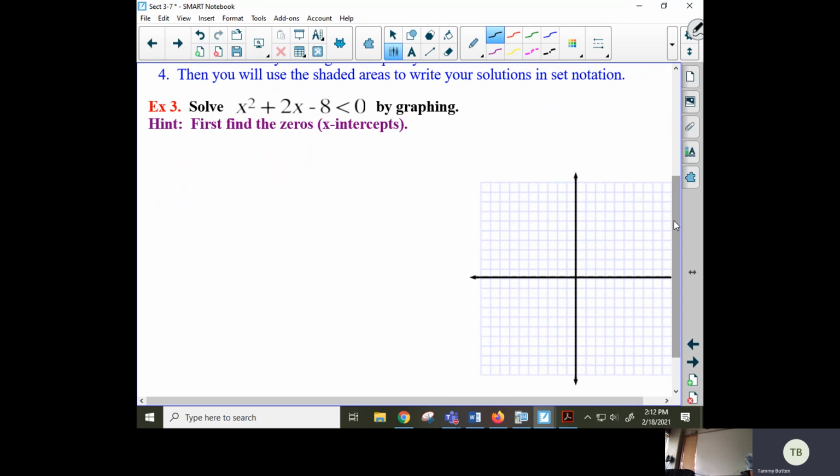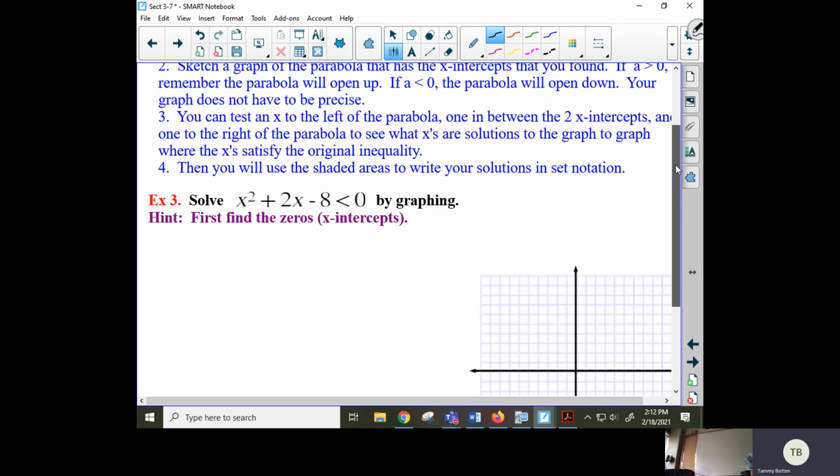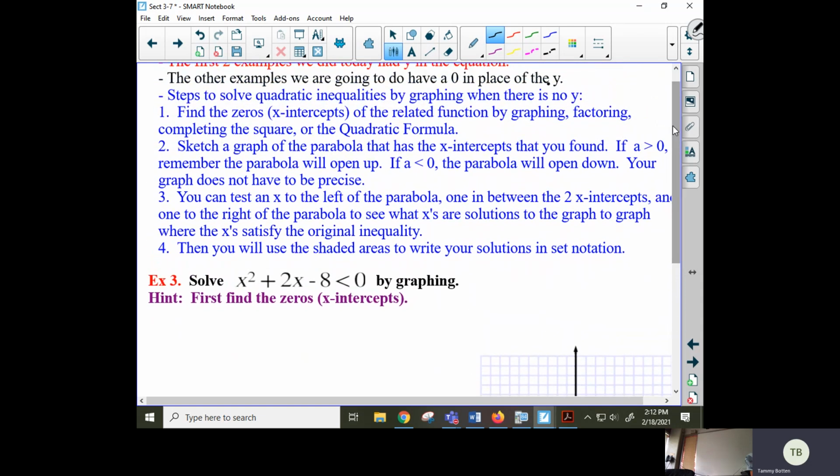So how we get started is there's a couple of ways you can do this. If we went back to the rules, you have to find those zeros, which are the x-intercepts. You can find them by graphing. You can find them by factoring it, which some of these are easy to factor. And if you could factor it to find the zeros easier than using your calculator, you can do that.